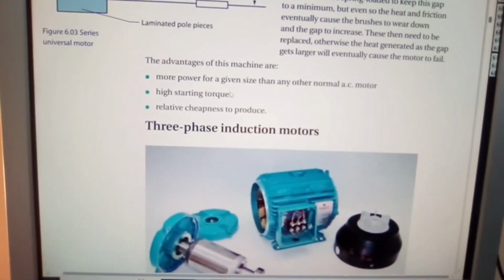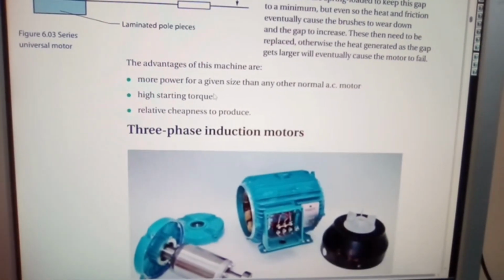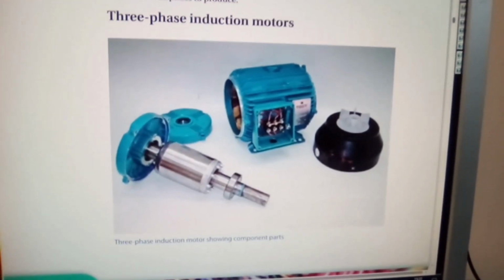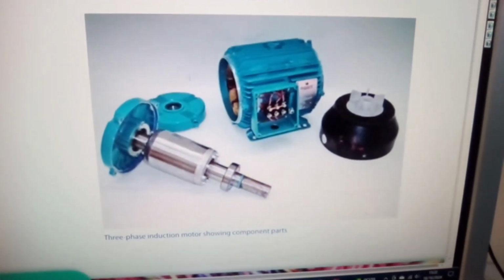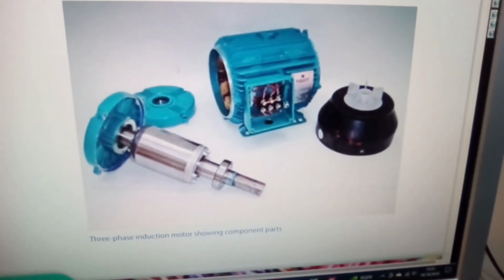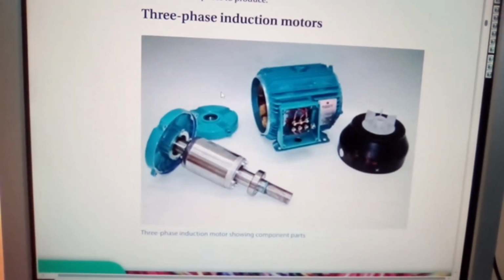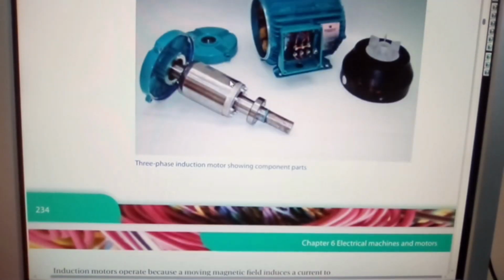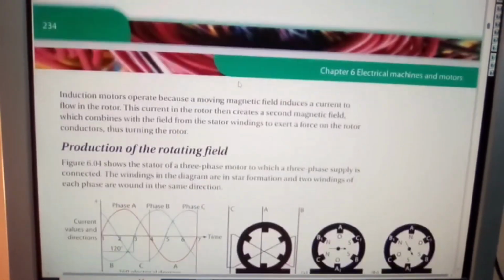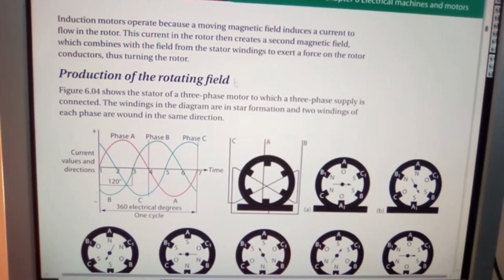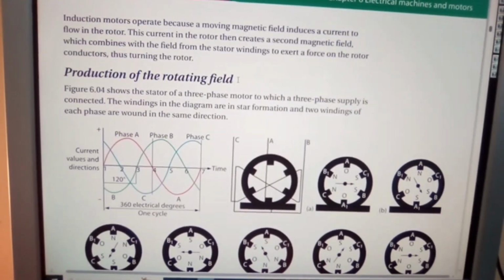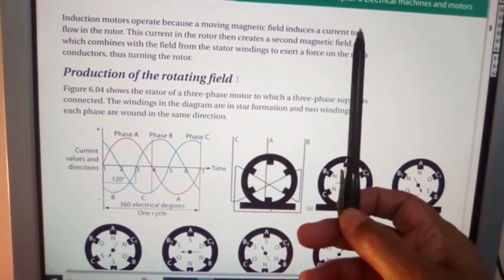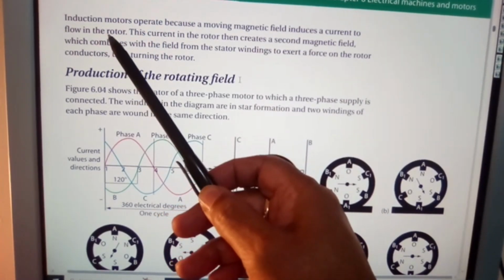And here we have three-phase induction motors. Induction motors operate because a moving magnetic field induces a current to flow in the rotor.